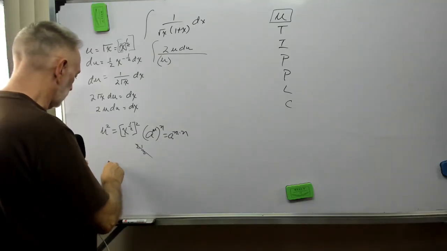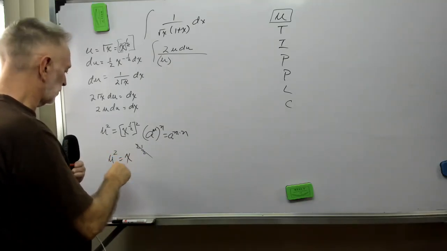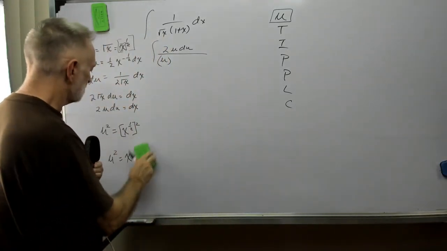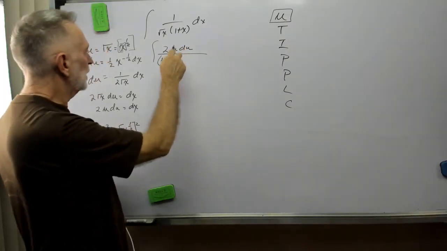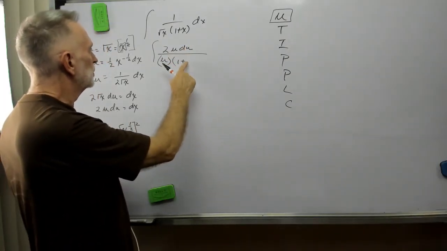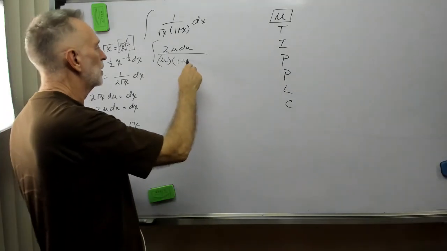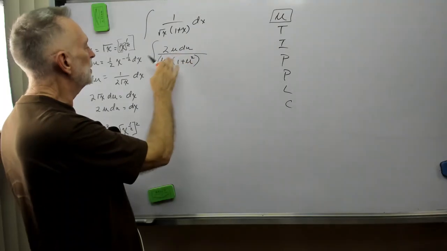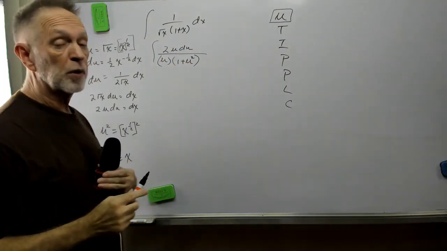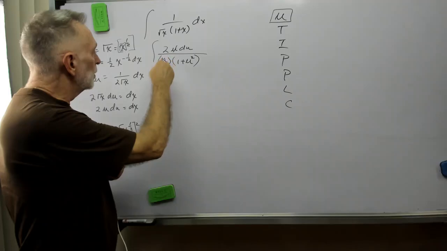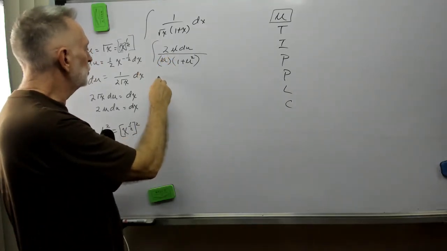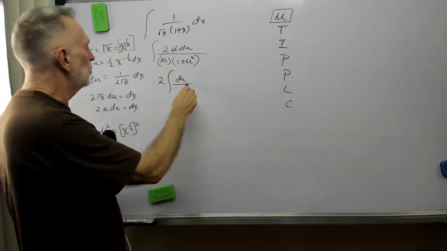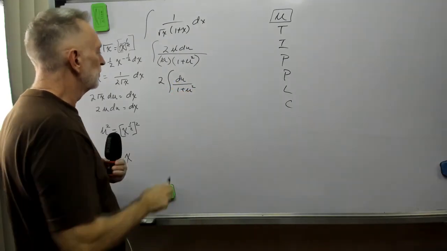So u squared equals x to the first power, or just x. So I have in this case 1 plus u squared. Alright, so 2u du divided by u times 1 plus u squared. The u's cancel. I'm going to pull the 2 outside. So I have du over 1 plus u squared.